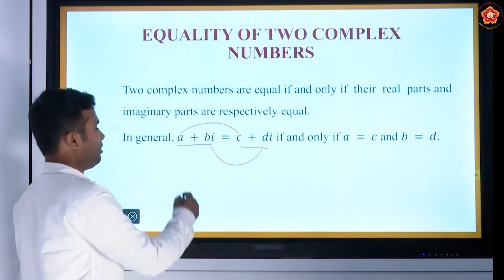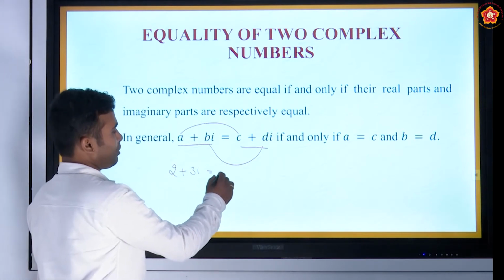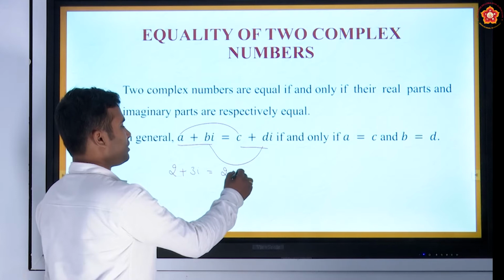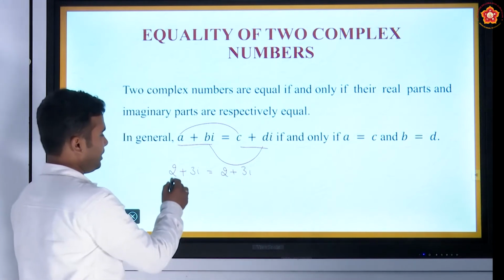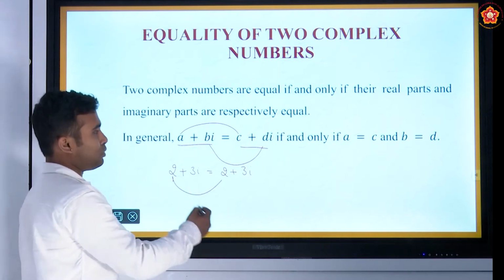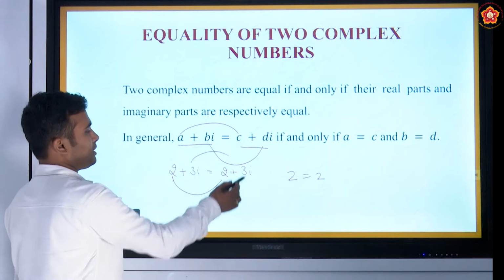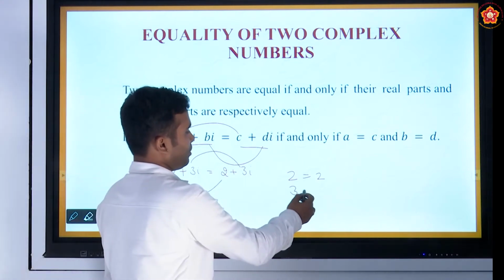Say for example, 2 plus 3i should be equal to 2 plus 3i. Understand, here the real part is 2, and there also 2, so 2 is equal to 2. The imaginary part is 3, so 3 is equal to 3.